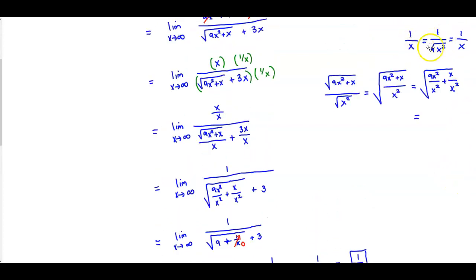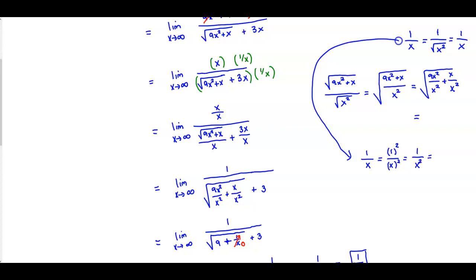Okay, so let me go back to this part right here in case you need an extra understanding of this. If we have 1 over x, we can square the numerator and the denominator. So that's 1 and that's x squared. So therefore we get 1 over x squared.